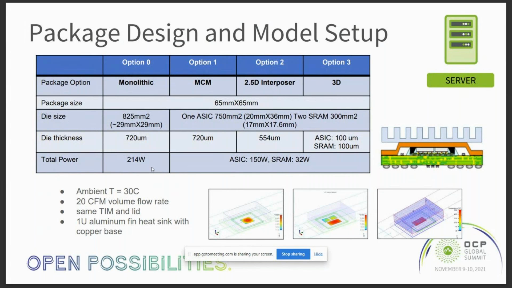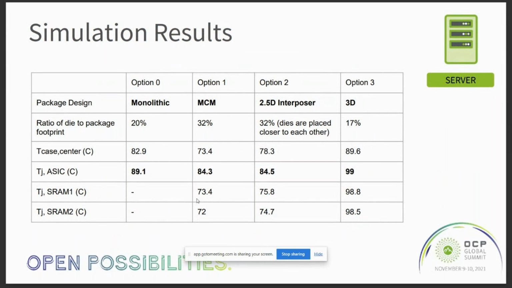To do the apple-to-apple comparison, we have to make sure the ambient temperature is the same, and the volume, flow rate, and also the heat sink, everything is the same, except the package configuration is different. And this is the simulation result.